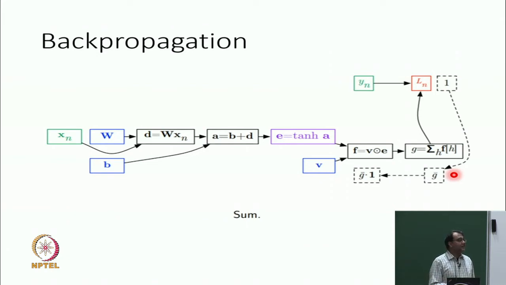Please try to work with me on this. This is where all your concentration and focus is needed. Let's look at the second one. So what is f bar? F bar is nothing but g bar dot with 1, which is same as g bar. Now, f is computed based on v and e.